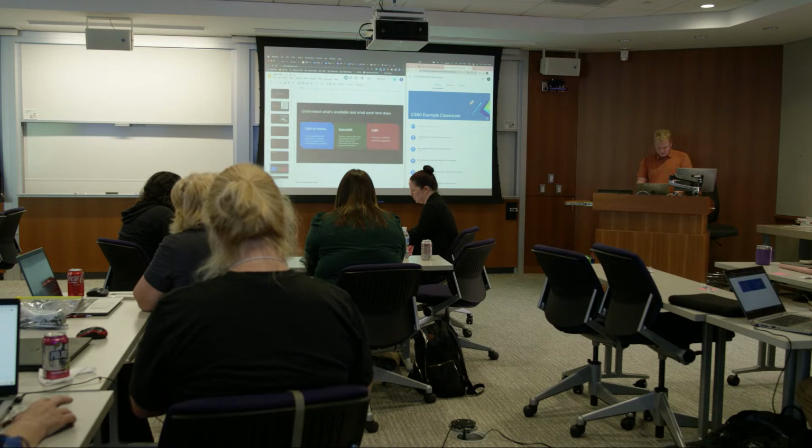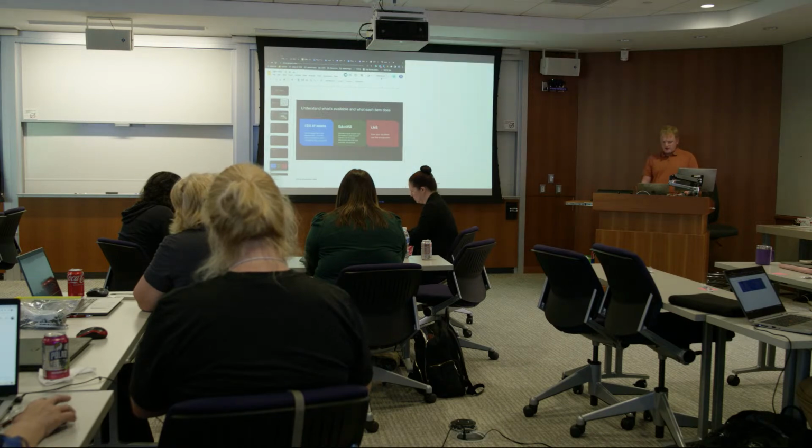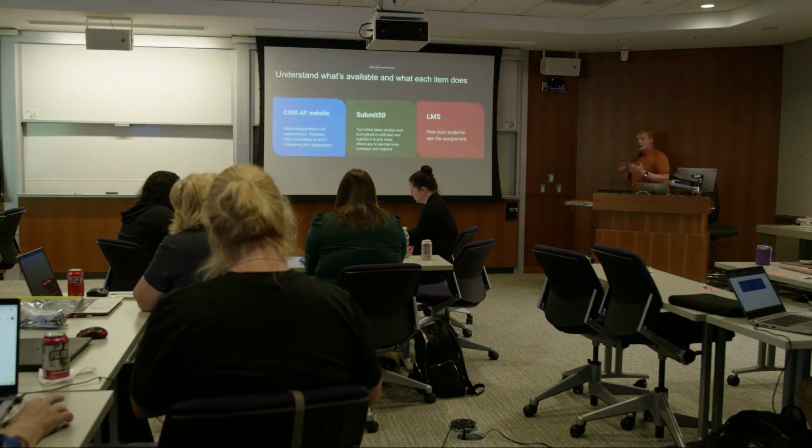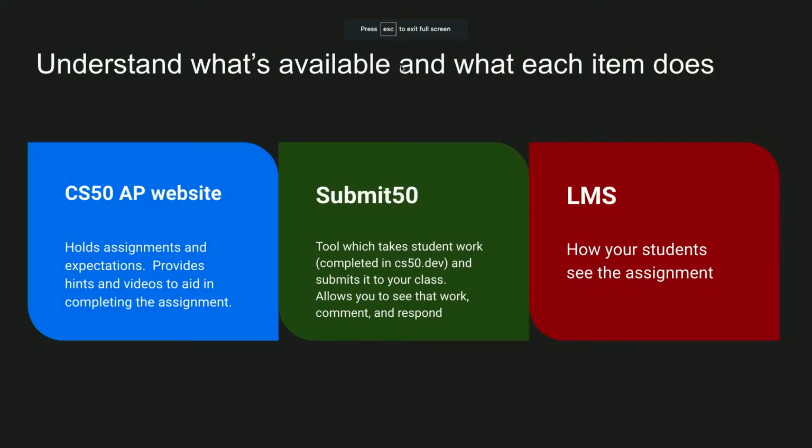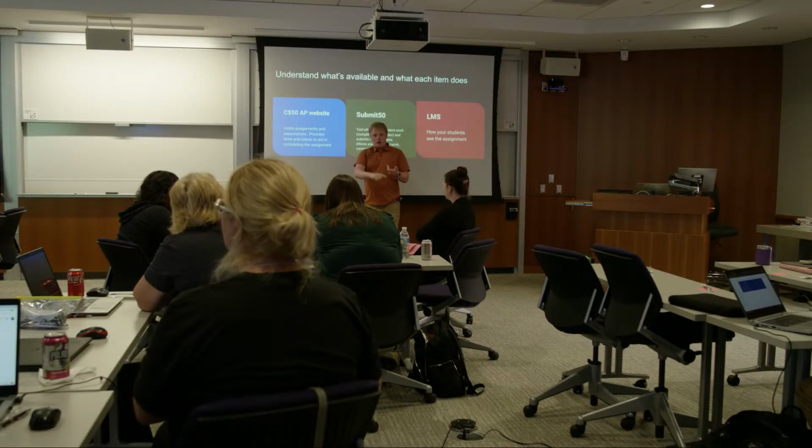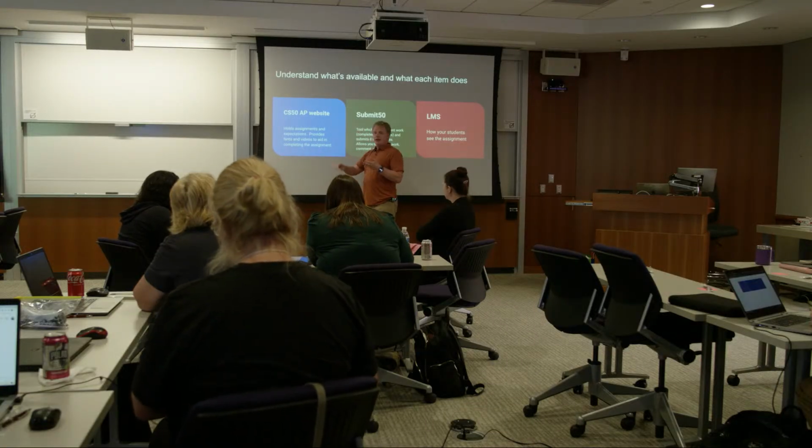I think it's important to understand what each one of these programs is doing, right? So you've got three separate pieces that allow you to have your assignment, give the instructions, submit it, get it, and then grade it. So the CS50 website, which is for Python, whatever CS50 module or expansion pack you're using, starts with the website, which includes all of the instructions, the videos, everything that you might need.